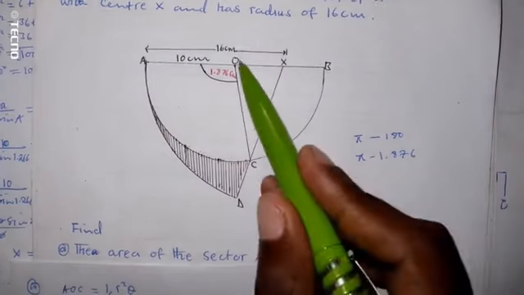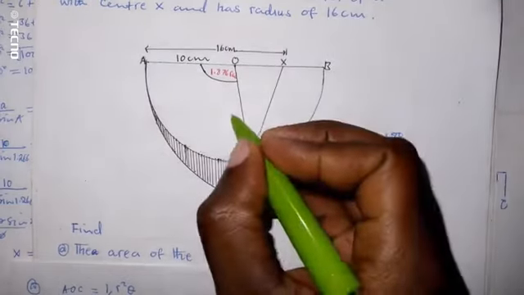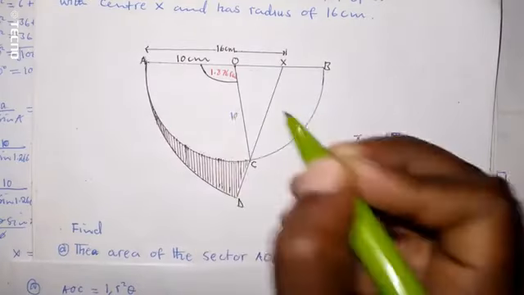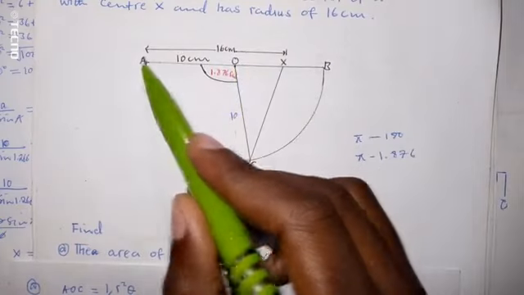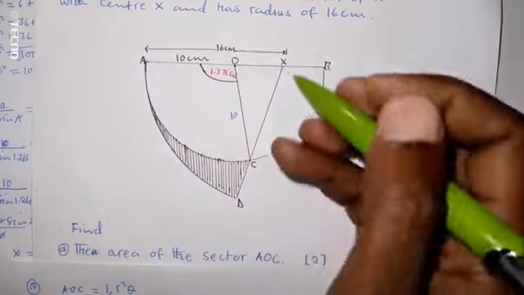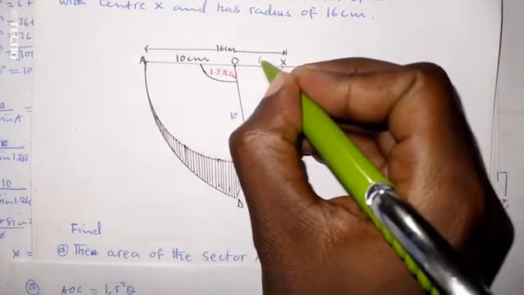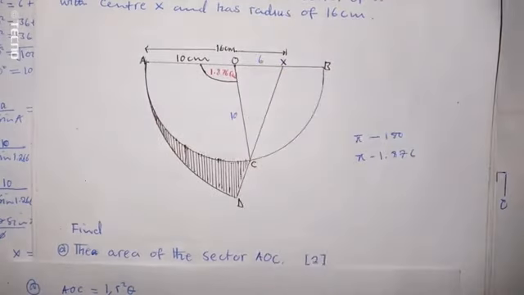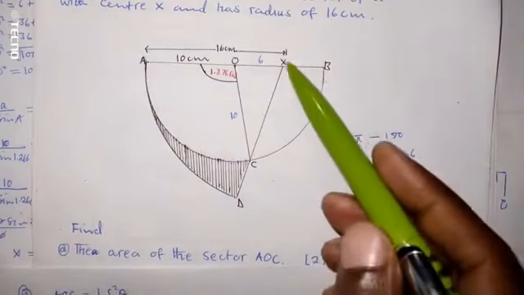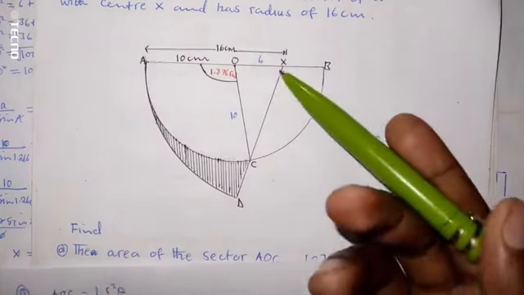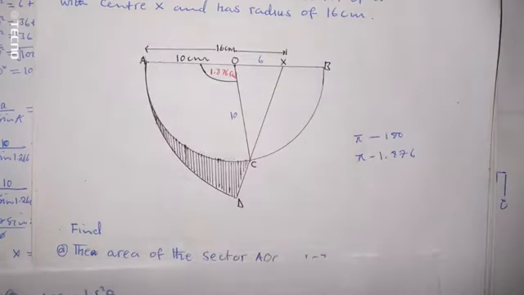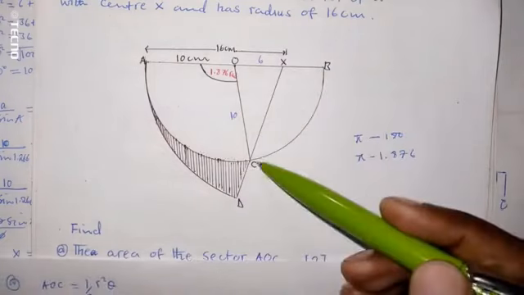Then we know that OC is 10, then OX, since from this side going there it's 10, so there it's 6. So there is 6. We don't have this side, so we try to find the length at XC.